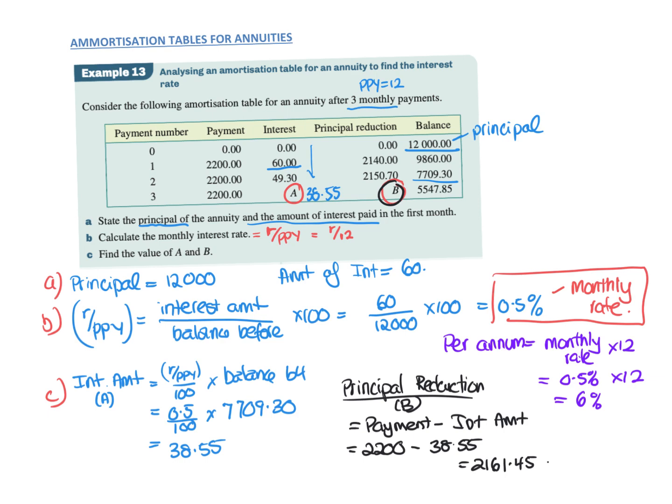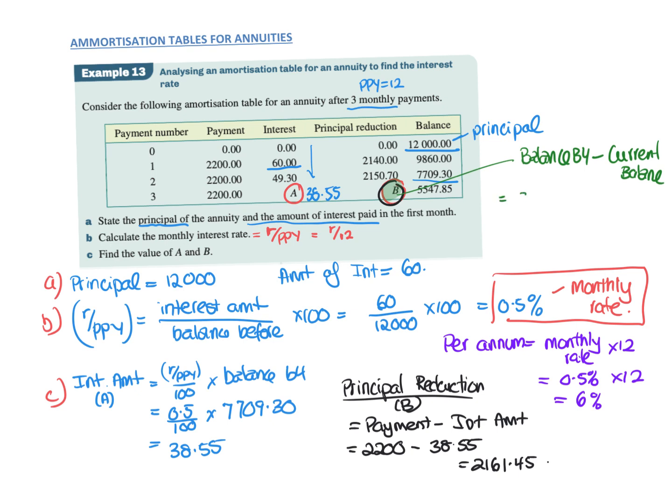The other way you could have found out what B is, because it's how much it's reduced by, you could also find this by doing the balance before minus the current balance. Does that make sense? Because, well, how much did it drop by is the reduction.